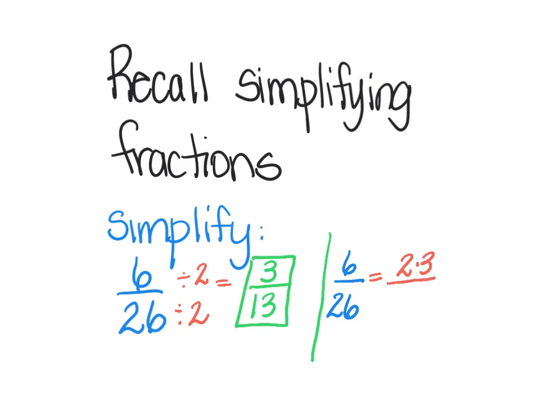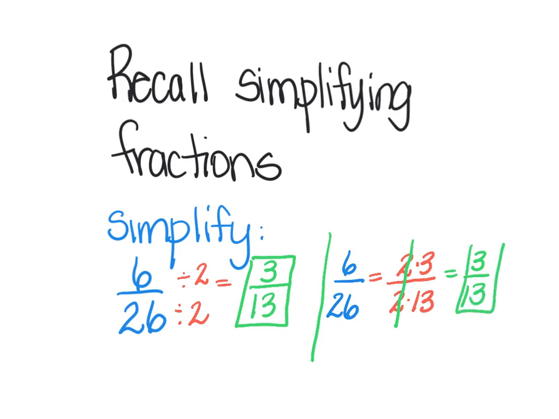And 26 is the same thing as 2 times 13. Now that I've factored this fraction, I'm going to cancel out the common factors. The numerator and the denominator both share a 2, so I'm going to cancel those common factors, and I'm still left with 3 over 13.